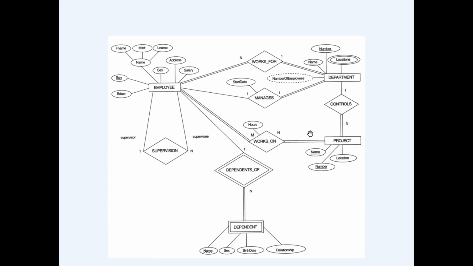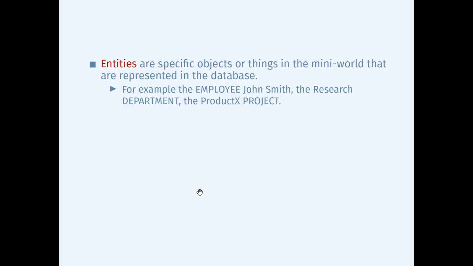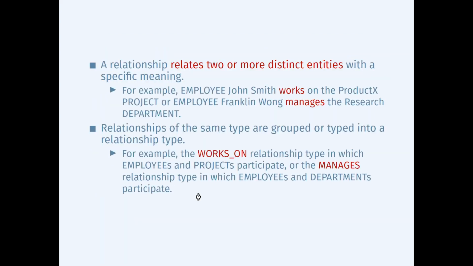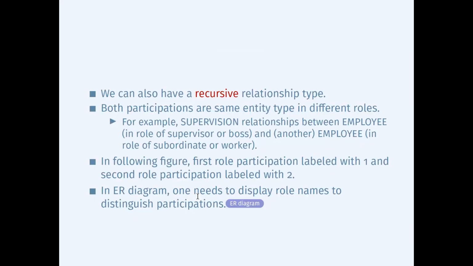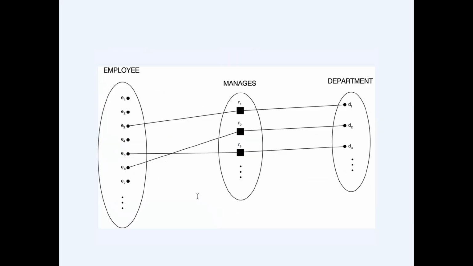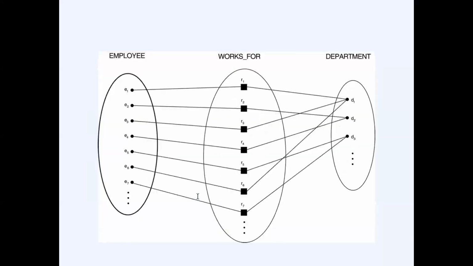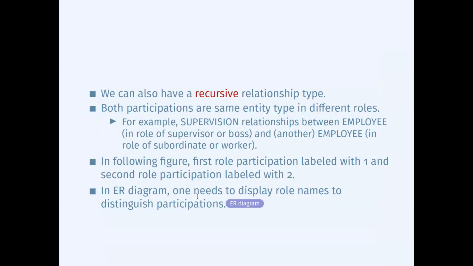Right. Last part for today. Now that we have looked at types, right? We can notice that when you have a relation with the same entity type, it is known as a recursive relationship.